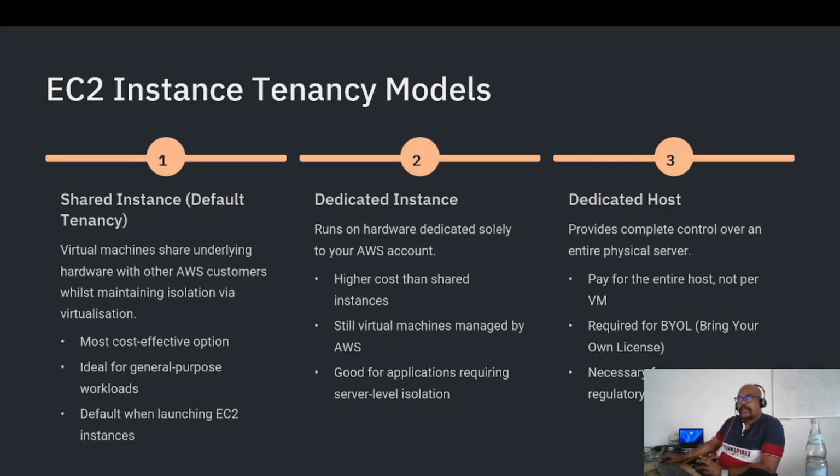It's fully controlled by the customer, but the cost is very high. For example, if you want to install an Oracle database, there are licensing considerations, so we can go for a dedicated host for Oracle-type database workloads.